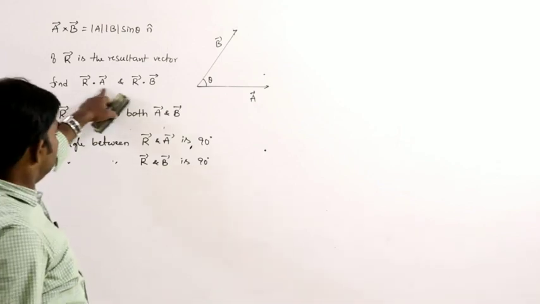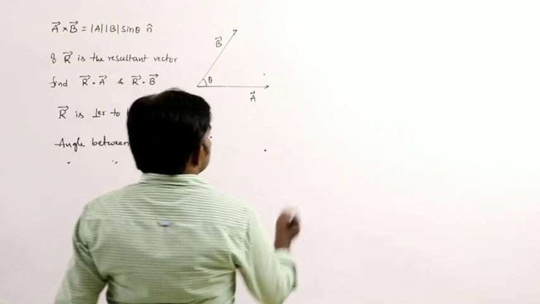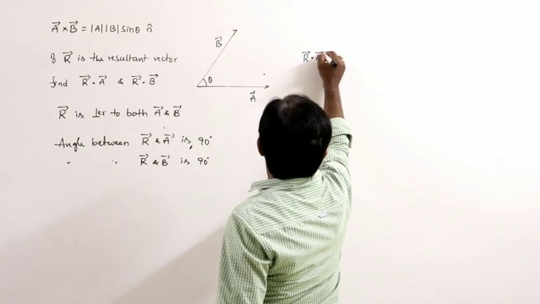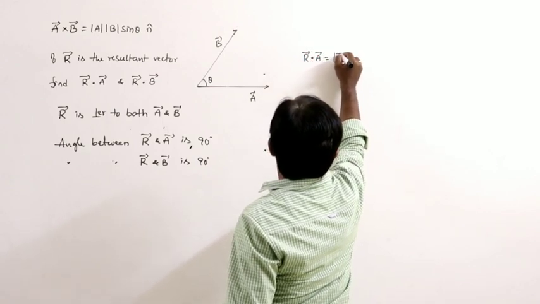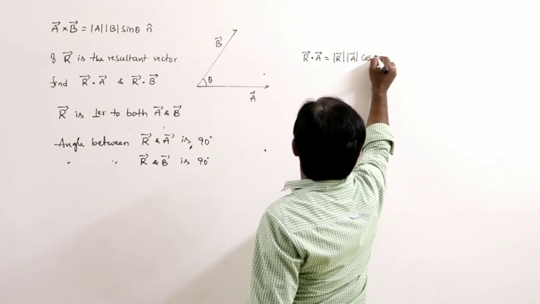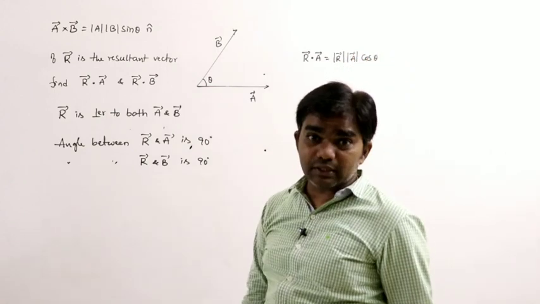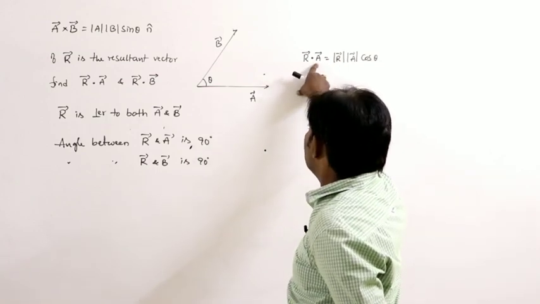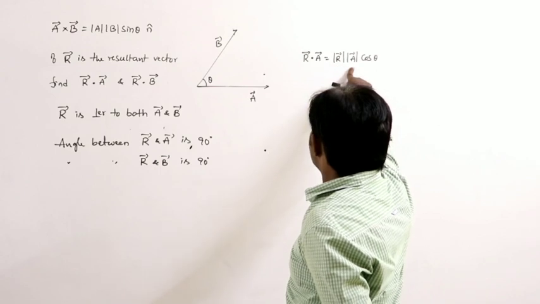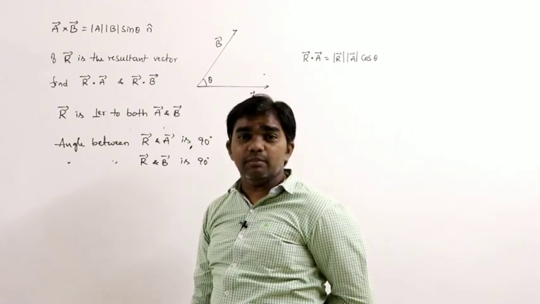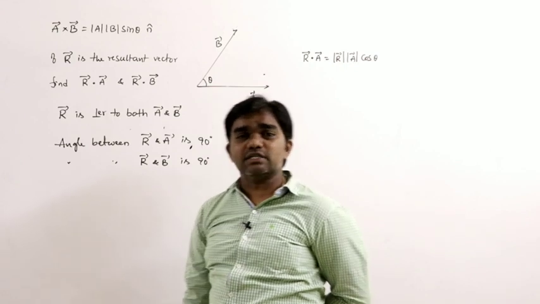Now what we have to find out? r bar dot a bar. How can you calculate r bar dot a bar? It is a dot product: modulus of r into modulus of a into cos theta. Because the dot product, how can you define? A bar dot b bar equals ab cos theta.